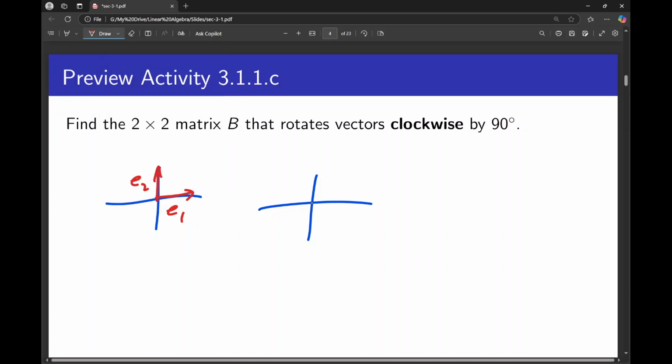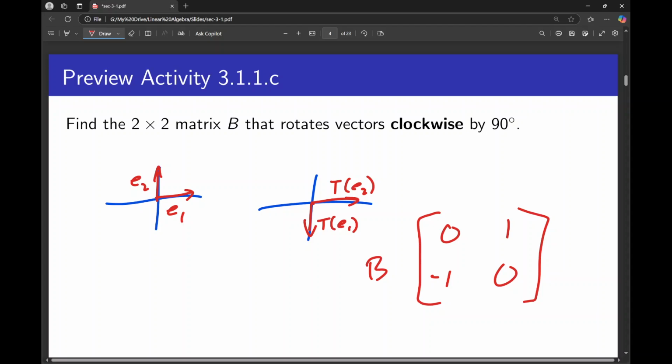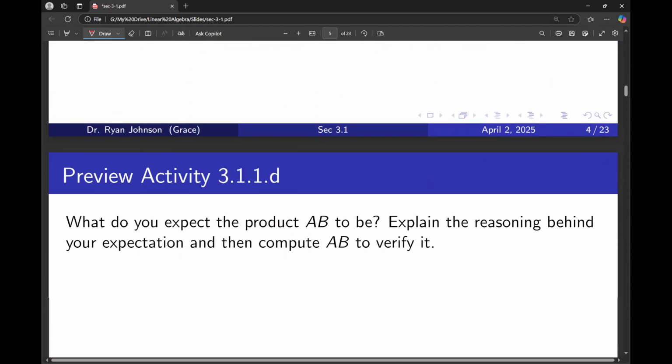Clockwise means T of E1 is here, T of E2 is there. So then my first column is sent to negative of E2, so that would be 0, -1. E2 is sent to the positive of E1, so 1, 0. So that is B. Clockwise and counterclockwise. Important to remember the difference.